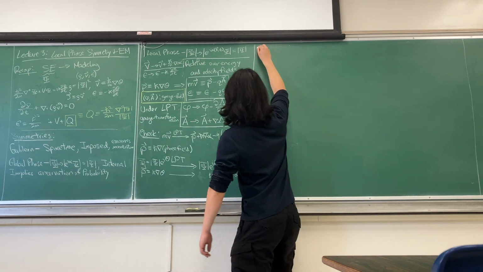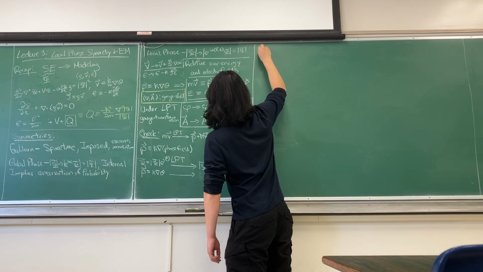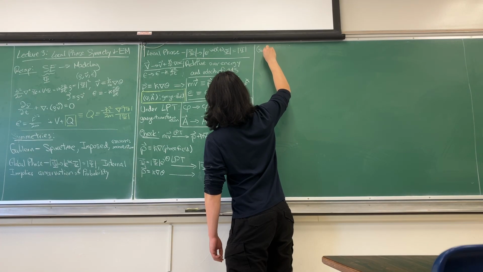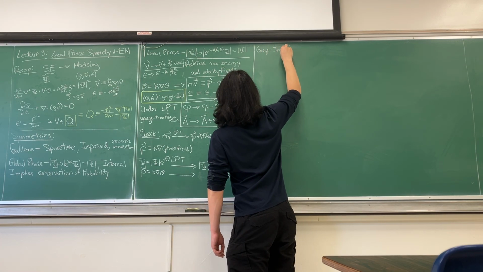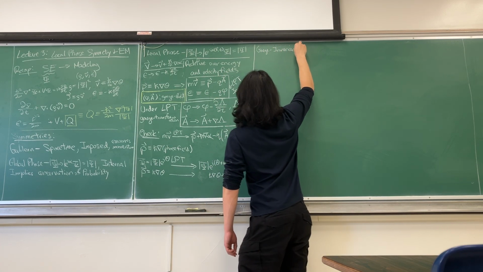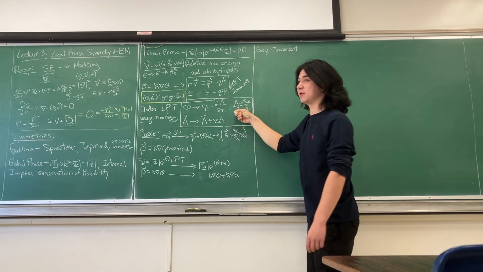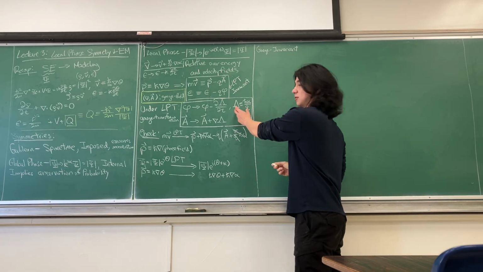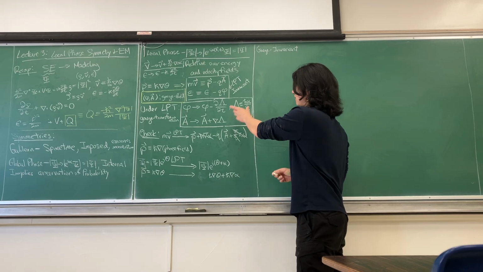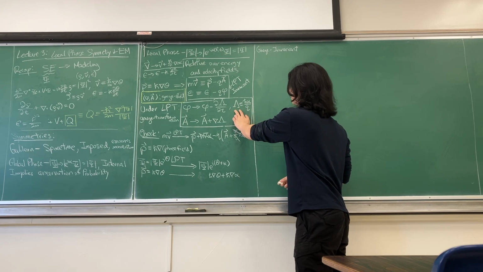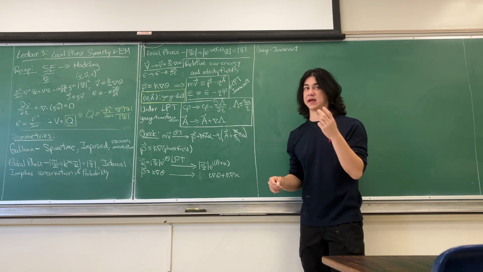I'll write what I'll call the gauge invariant Madelung equations. I should say, a choice of this lambda function, or a choice of alpha, because they're related, is called a choice of gauge.